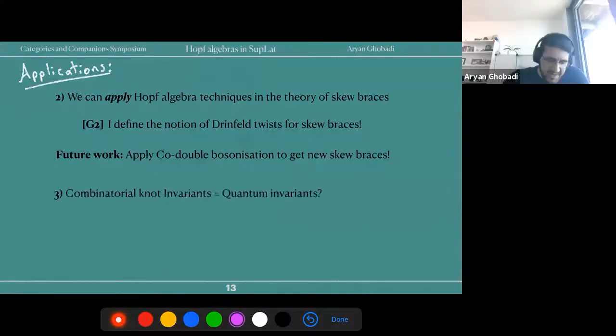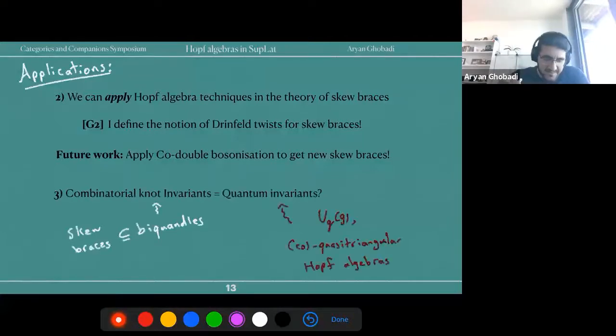Something that I'm working on now, which is more fun, is that skew braces are examples of something called biquandles, which maybe you've seen. You take a knot, you draw the diagram, and you can mark it by a biquandle, and that gives you a combinatorial invariant of your knots. And then we have these quantum knot invariants, which appeared in the 90s from U_q(g), like the Jones polynomial, where you're looking at the representation theory of some co-quasi-triangular Hopf algebra, and you're applying some TQFT machinery to get some knot invariants.